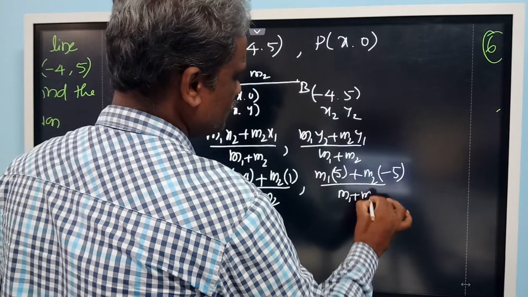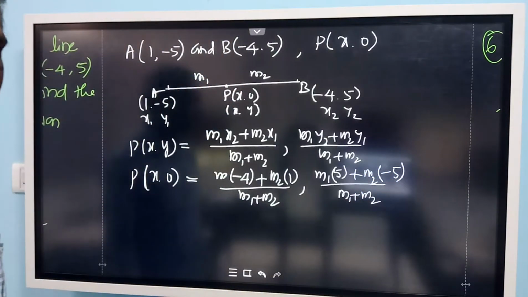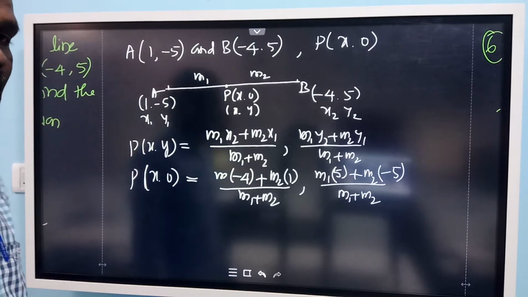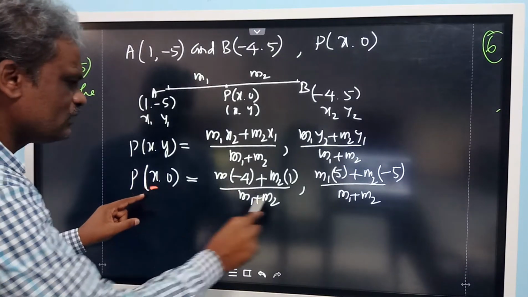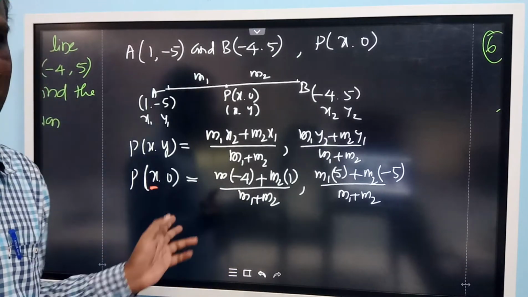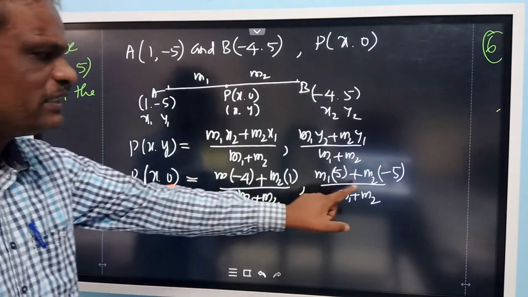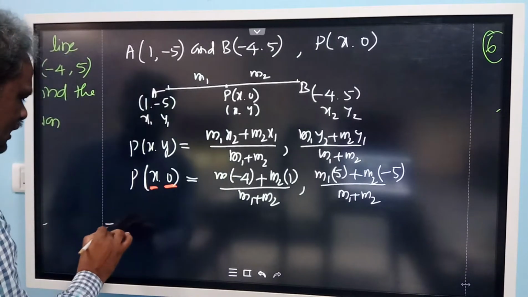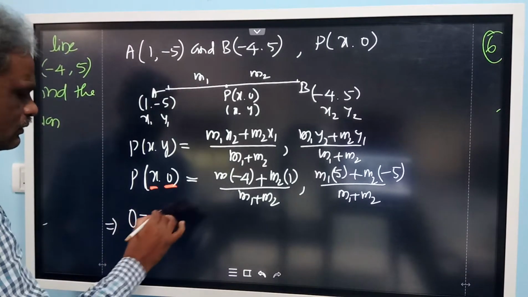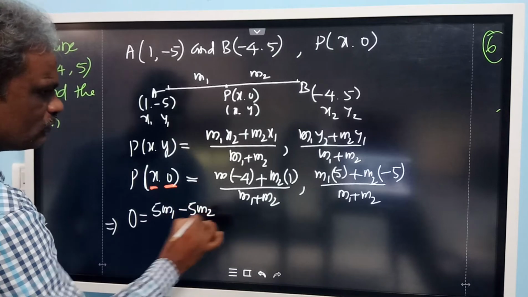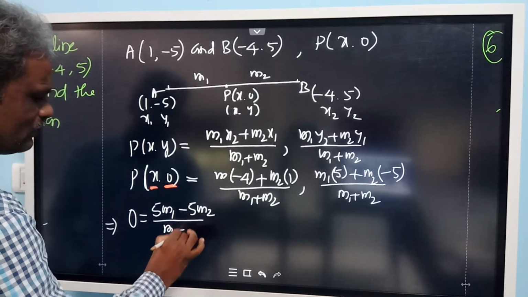First we need to find the ratio m1 to m2. Which one should we equate? If I equate x, you will not get that answer. But equate the y value, which is already known to be 0, with this expression. So 0 is equal to (5m1 minus 5m2) divided by (m1 plus m2).